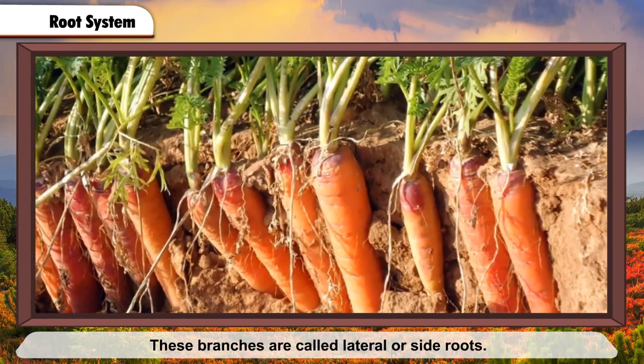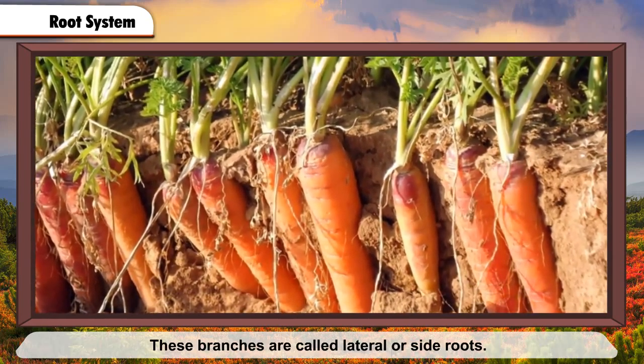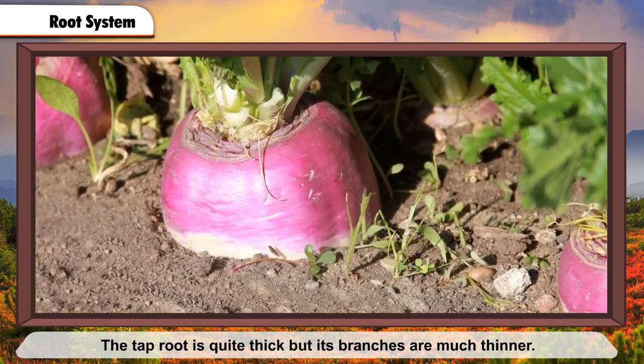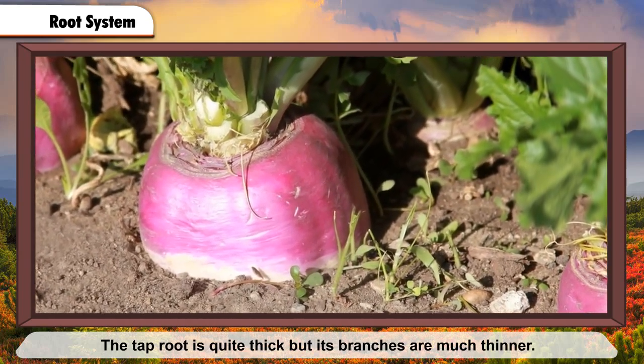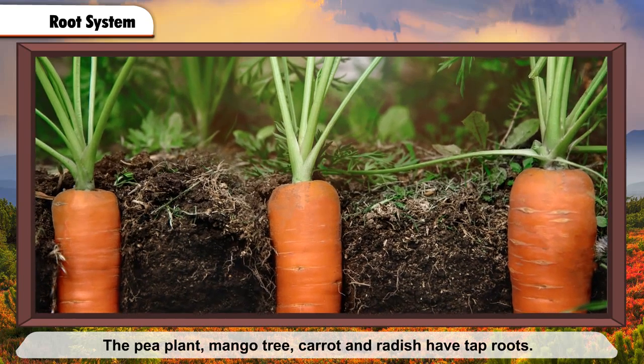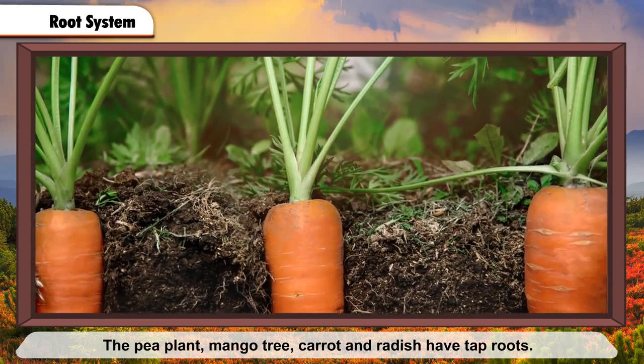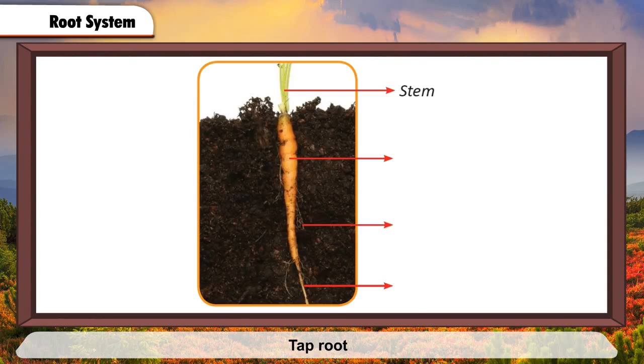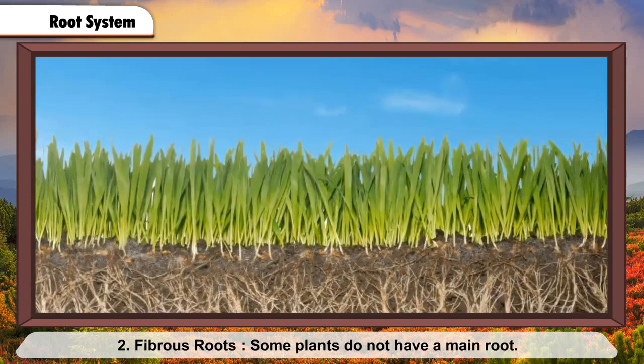These branches are called lateral or side roots. The taproot is quite thick but its branches are much thinner. The pea plant, mango tree, carrot and radish have taproots. Taproot. Stem. Main root. Side root. Lateral root.